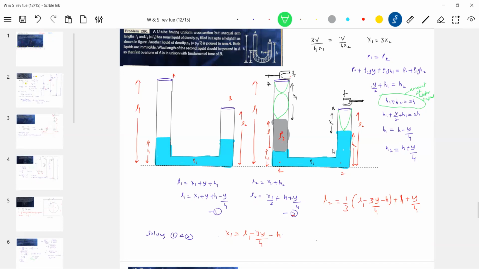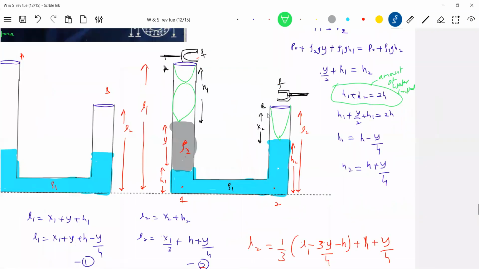Okay, I'll do one thing. Just let me make second overtone. Then we'll finish off this possibility. Let me make changes here.